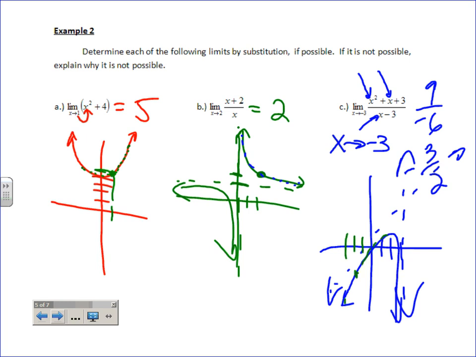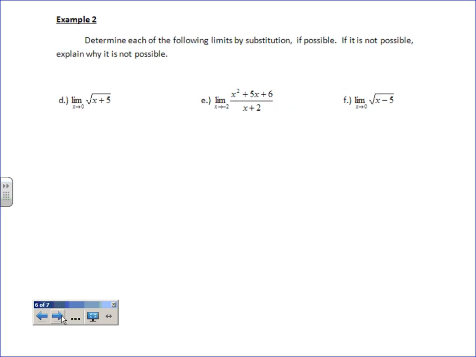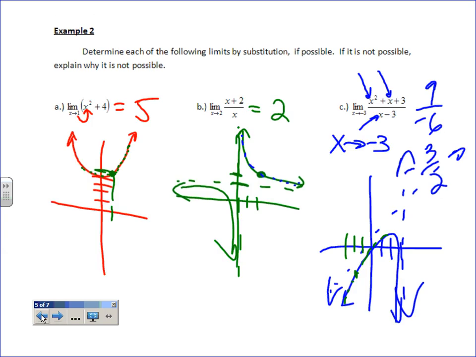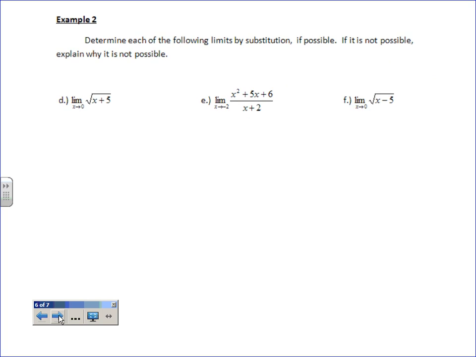Are you approaching the same value from left to right? Yeah, you are. It's continuous where I'm asking you. You don't need to know how to get the asymptotes yet. I'm just showing you the graph to prove it to you. I'm showing you that it's continuous right there, so it's just substitution. That's what you need to gather from this.